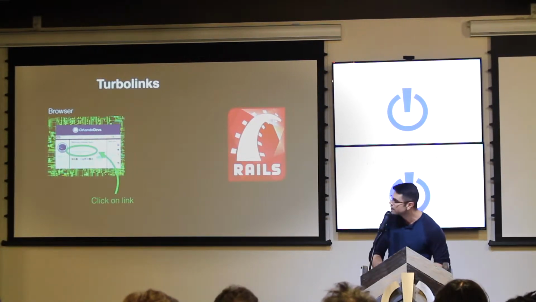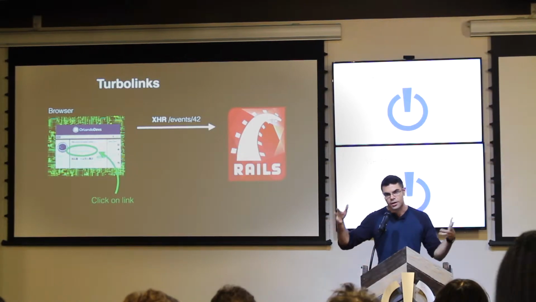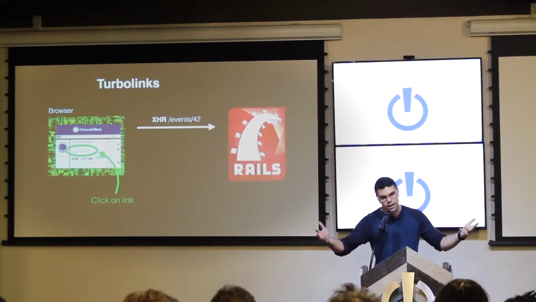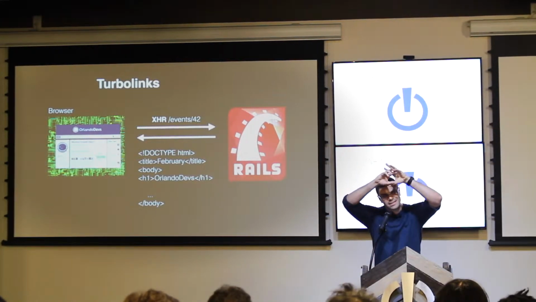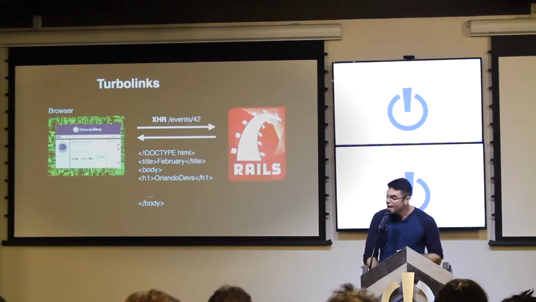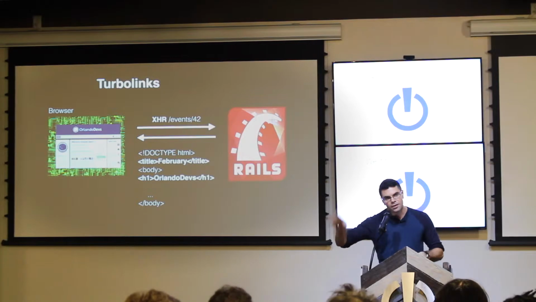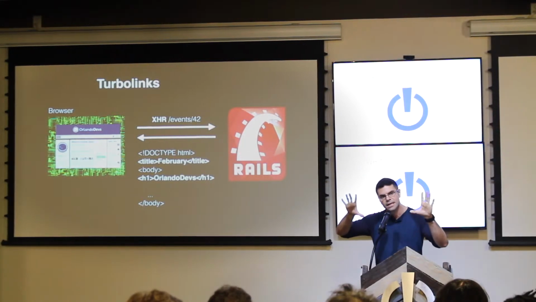Now, when you click on a link, Rails with Turbolinks hijacks that click, and instead of a regular GET request, it generates an AJAX request, an XML HTTP request. Rails still produces the same HTML and sends the same HTML over the wire. However, once it reaches the client, a JavaScript runs that compares the HTML that was sent from Rails on the new request with the existing HTML.